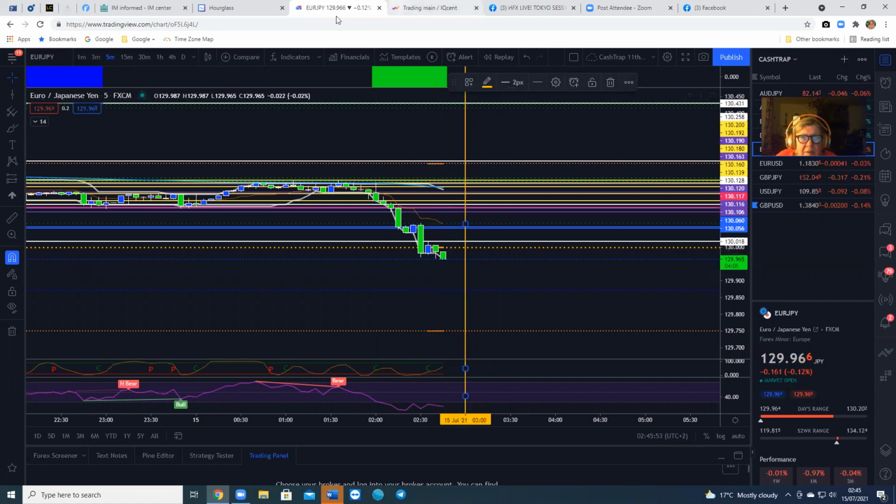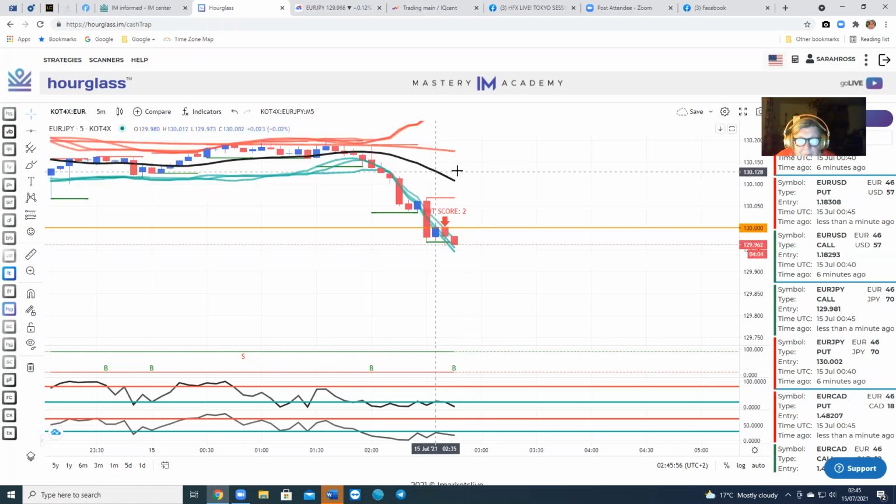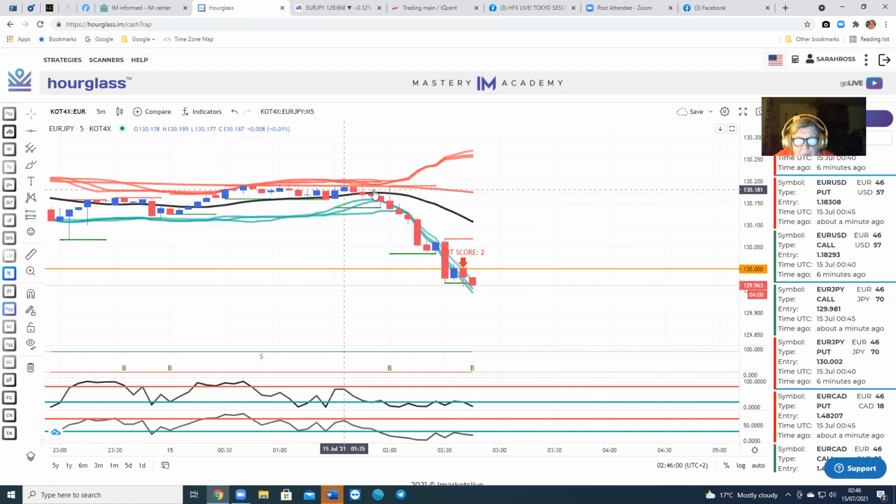Currency strength meter not in our favor for calls. 200 moving average up there. It's been surfing the Bollinger Bands. You see how it's come down, done a little retrace, down, retrace, down, and now it's saying retrace to us.